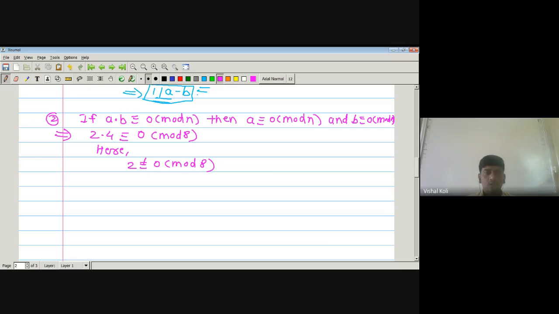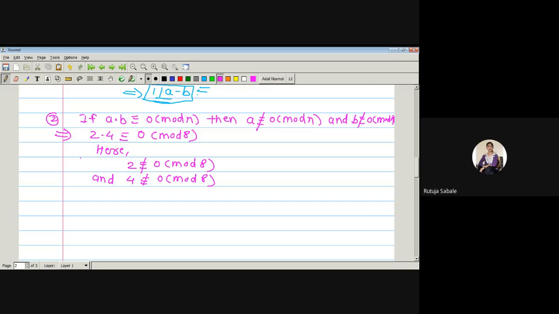Here 2 is not congruent to 0 modulo 8 and 4 is again not congruent to 0 modulo 8. So if a into b is congruent to 0 modulo n, then it is not necessary that a is congruent to 0 modulo n and b is congruent to 0 modulo n. Okay? Any doubt? No sir.